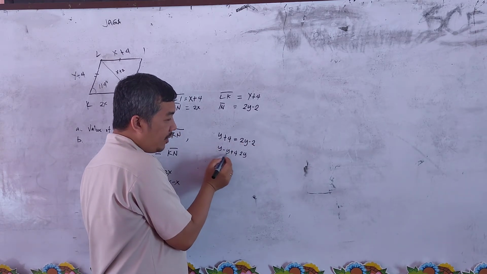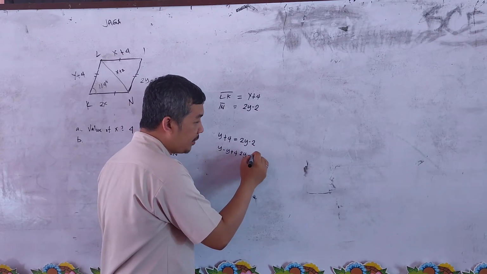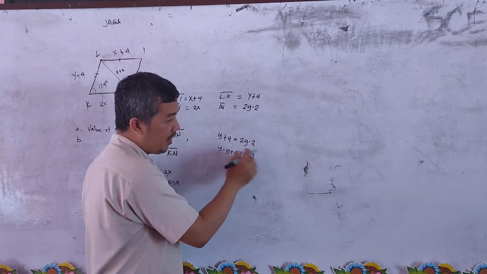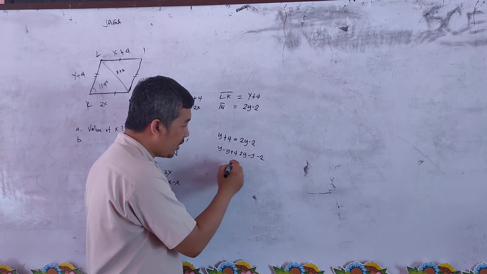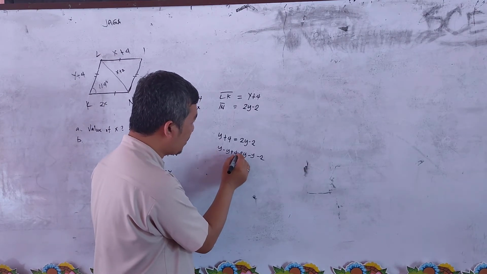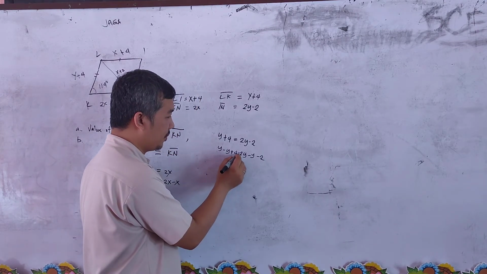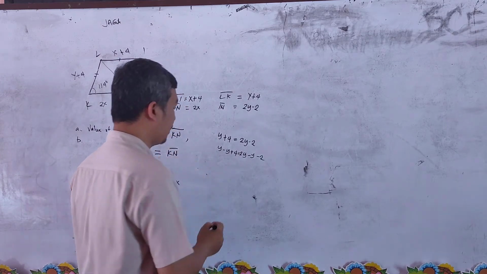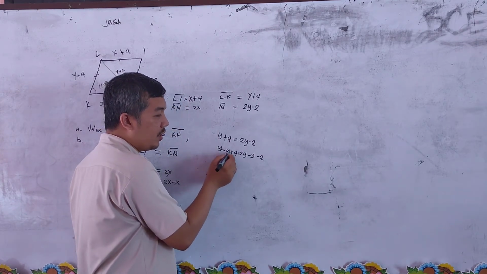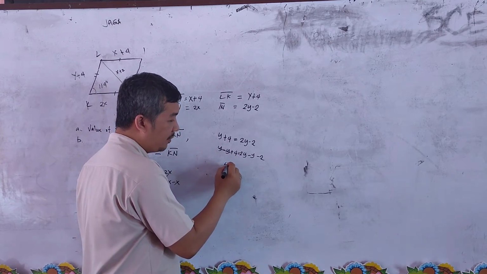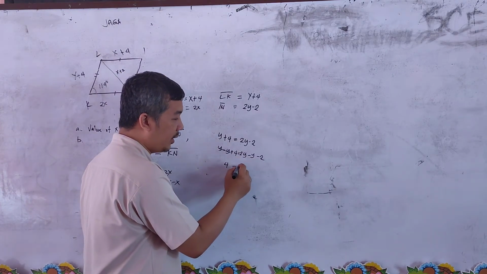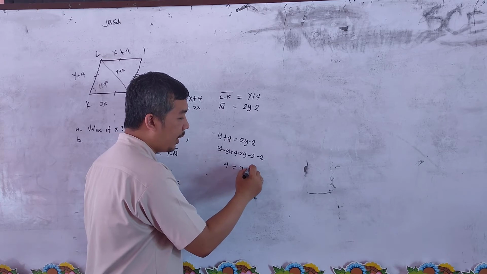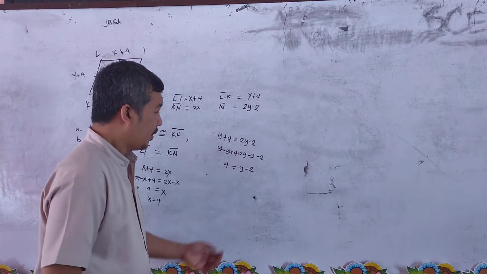Diba nagsubtract tayo ng y, so magsasubtract din tayo sa right. So we have 4 left is equals to 2y minus y. That is y minus 2.